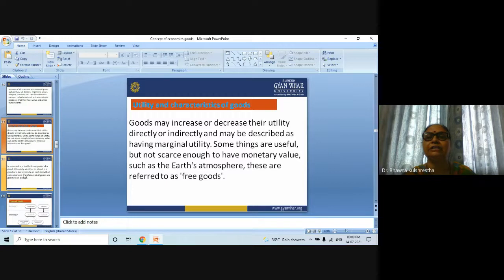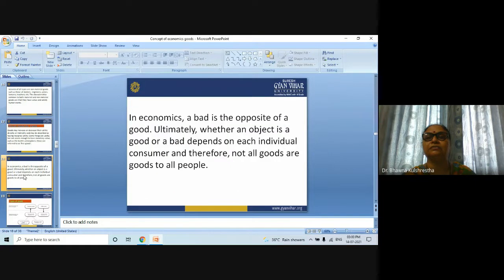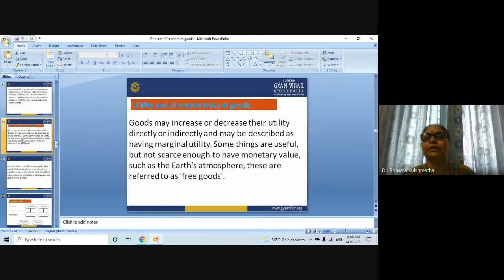And intangible goods differ from services in that final tangible goods are transferable and can be traded, whereas a service cannot.